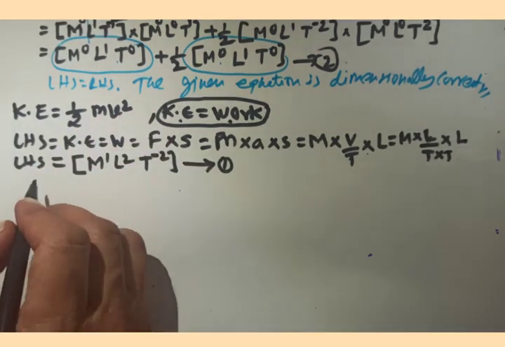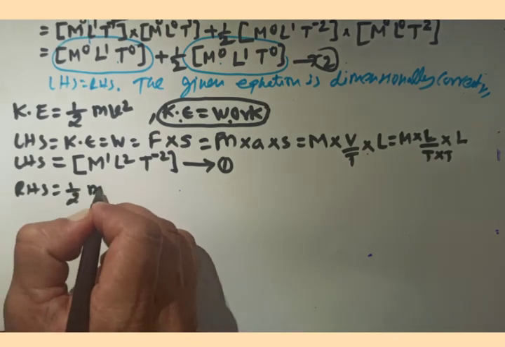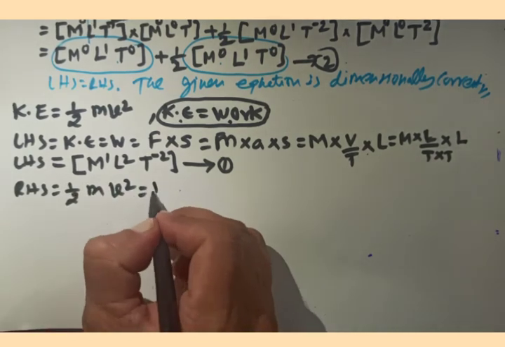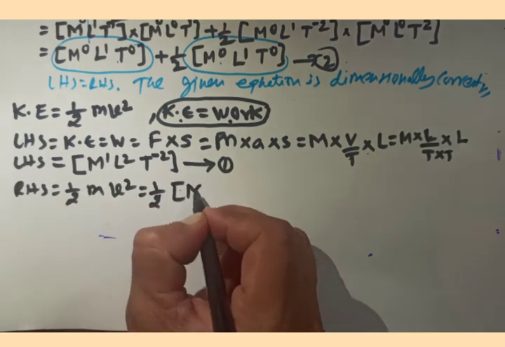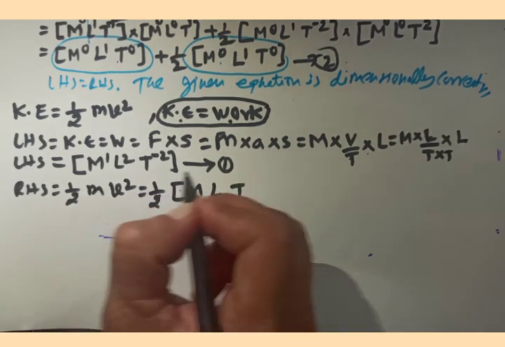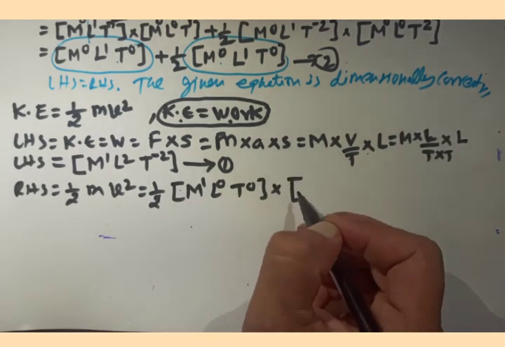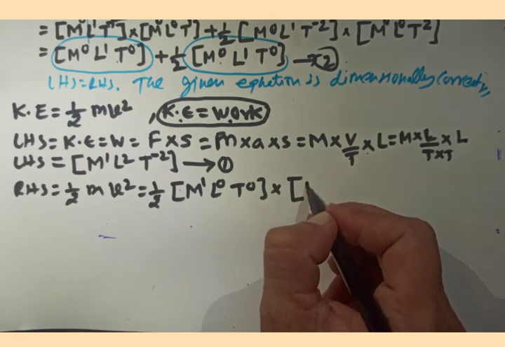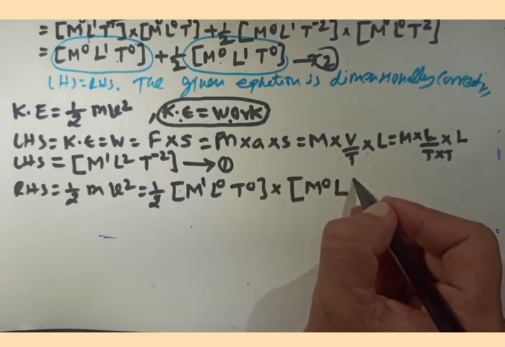Let's try for the right hand side. In the right hand side we have half m v square. Half is a constant, nothing to worry about. What is the dimension of mass? It's very simple, because there is one mass we write M, there is no L, 0, there is no t, we write 0, multiplied by v. What is the dimension of velocity? It is L by t, that is M0, L by t.